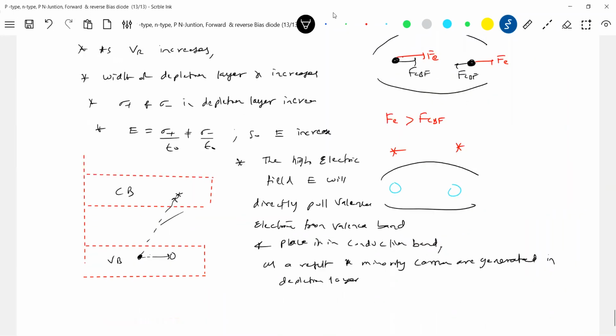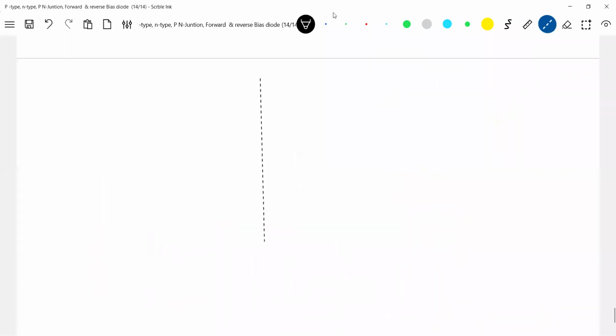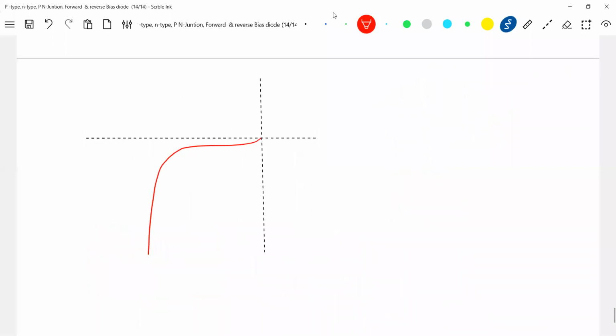In an ordinary diode, both will occur. For a Zener diode, they are designed in such a way that one occurs after the other. I'll give the graph. There's a graph we can take.